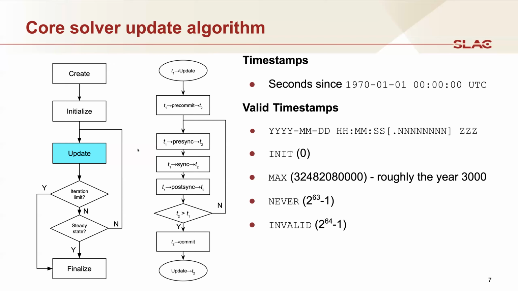So let's go into some detail on how each of these works. The pre-commit is essentially done once per time step before the synchronization loops begin. Pre-sync, sync, and post-sync are done over and over until the proposed time is greater than the requested time.